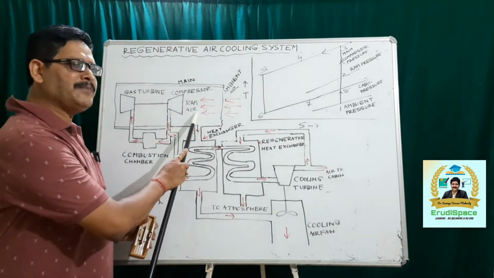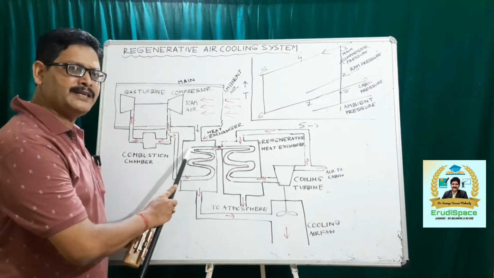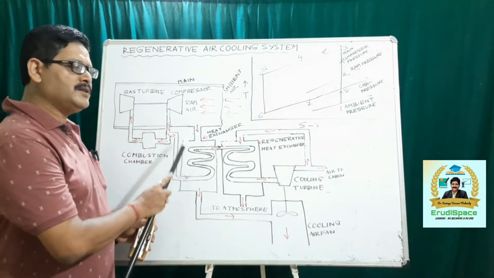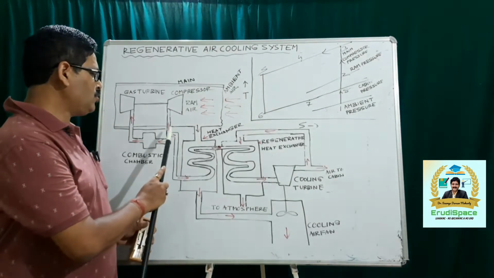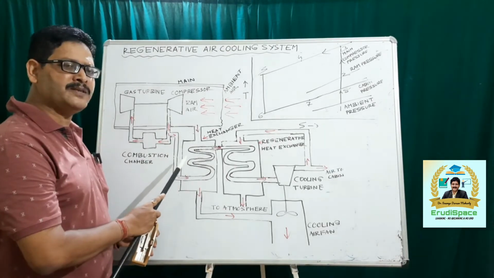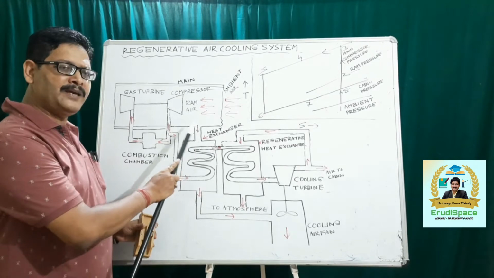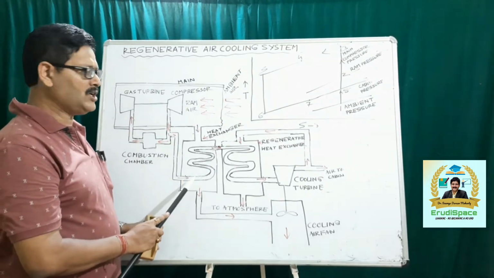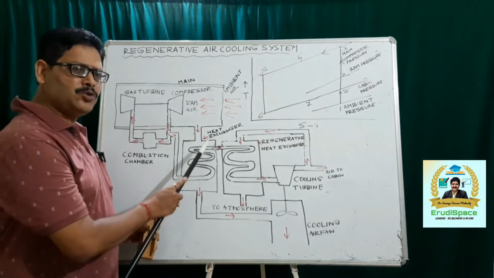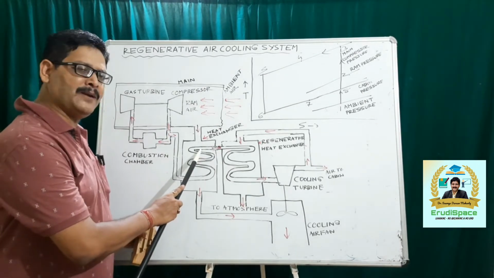A fraction of the ram air is also made to pass through the heat exchanger, which actually provides the desired cooling, because due to compression the temperature of the air drawn in would be significantly raised, and the temperature of the ram air will be lesser than the temperature of the air that is drawn from the compression. So due to this, the cooling of the air drawn from the compression will take place.